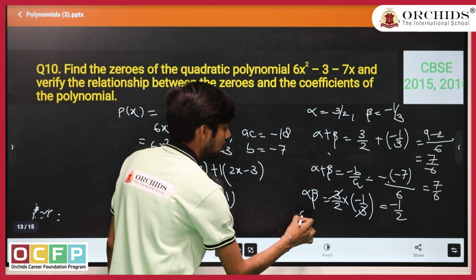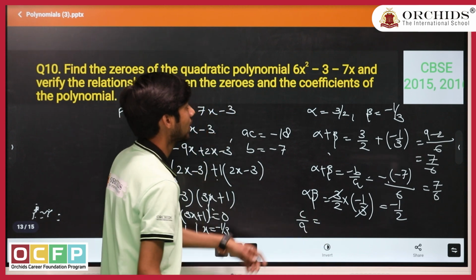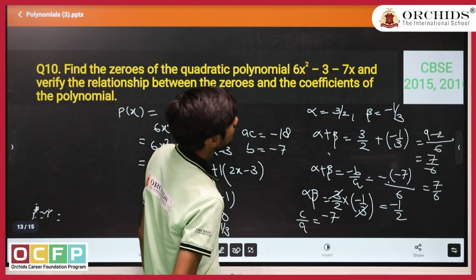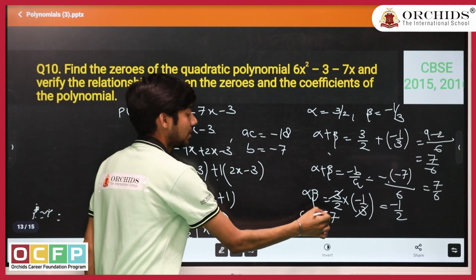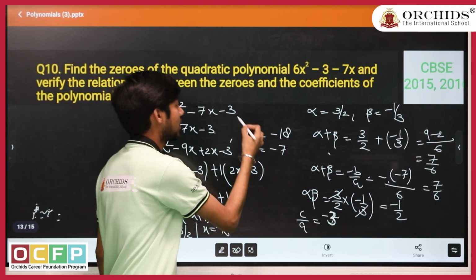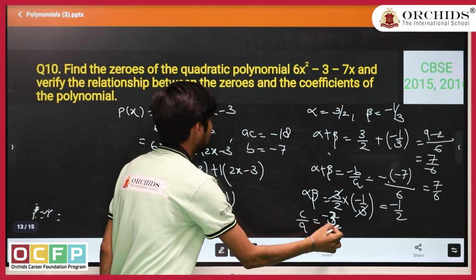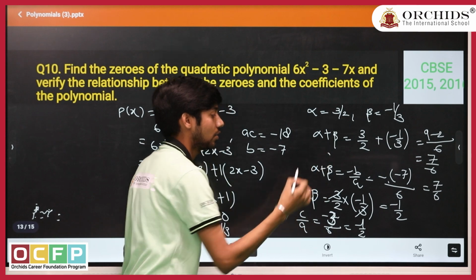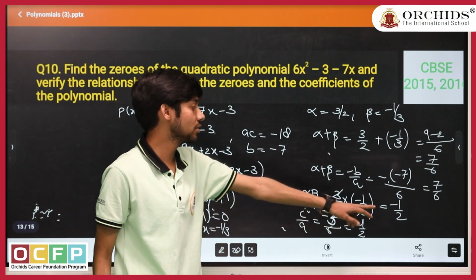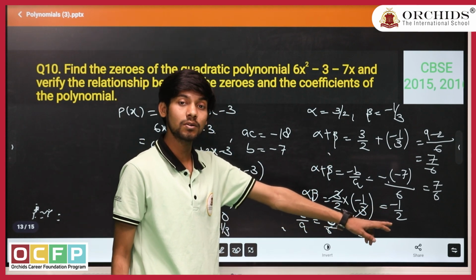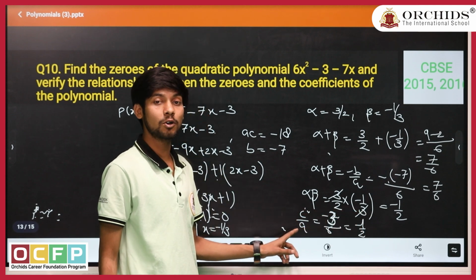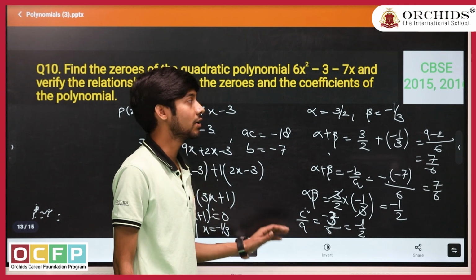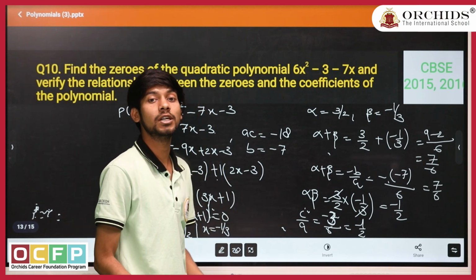So c by a, what is that? c is minus 3 and a is 6. So what are we getting? Minus 3 by 6 means minus 1 by 2. So we can see here alpha beta is equal to minus 1 by 2, and the relation of alpha into beta, that is c by a, is also minus 1 by 2. That's how we can verify the relationship of zeros with the coefficient.